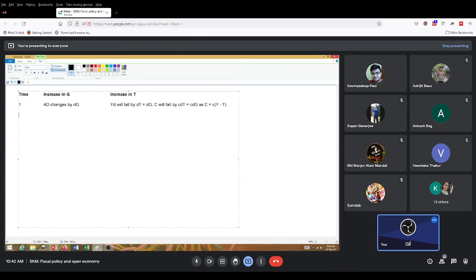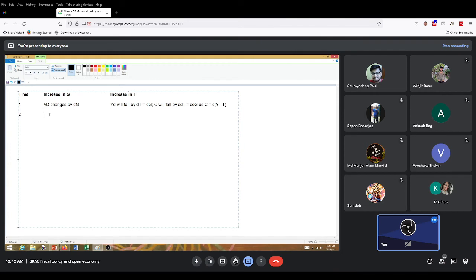Now in the second period, how much do you have the multiplier effect? So this has gone up by dG. Let us say I placed an order for 1000 rupees with Adrijit. In the first period his income has gone up by 1000 rupees. In the second period he is going to spend this income.